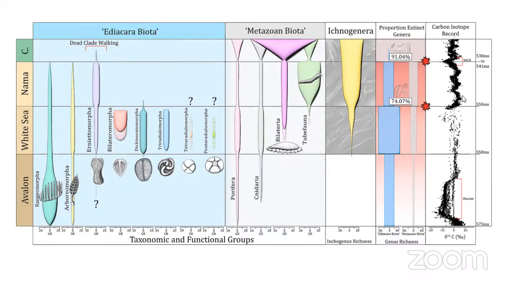This seems to be linked with some shifts in our delta 13 carbon ratio here. So this might be some sort of change in the environment messing with the Ediacaran. The other thing that we see is this explosion of the diversity of metazoans as we move through the end of the Ediacaran.